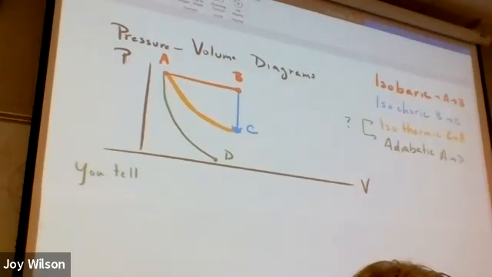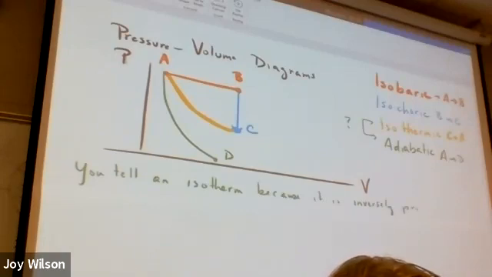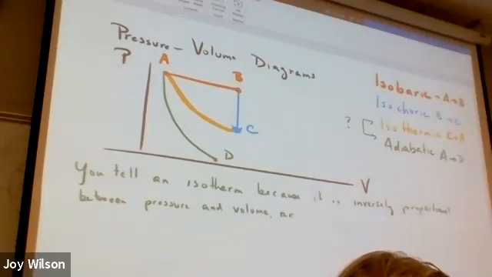So you can tell an isotherm because it is inversely proportional between pressure and volume. Adiabats aren't too steep.